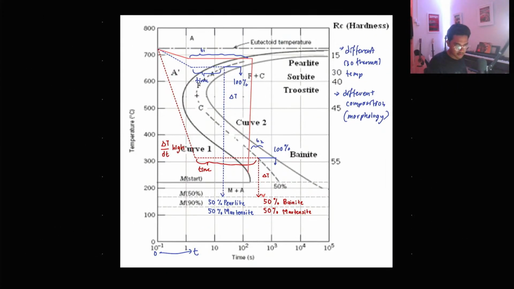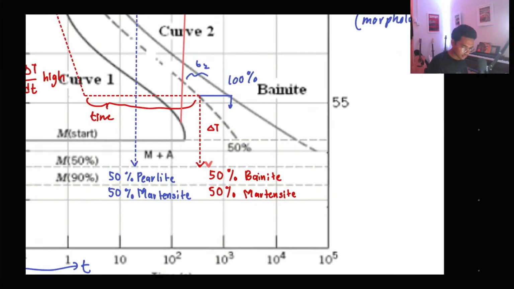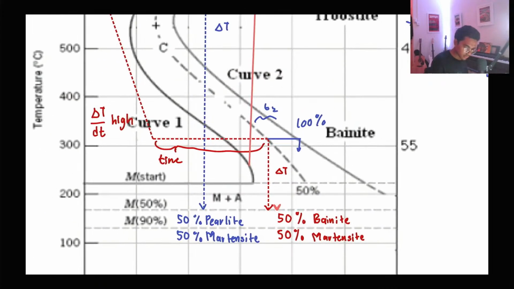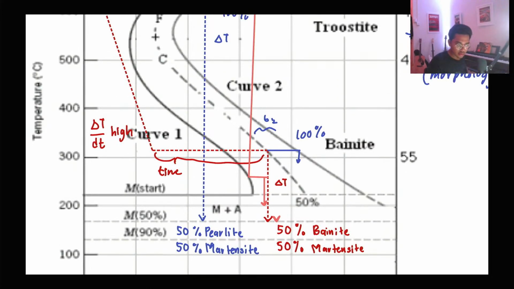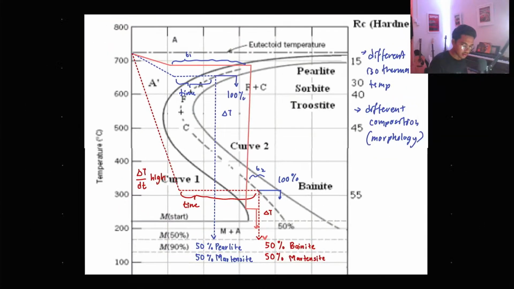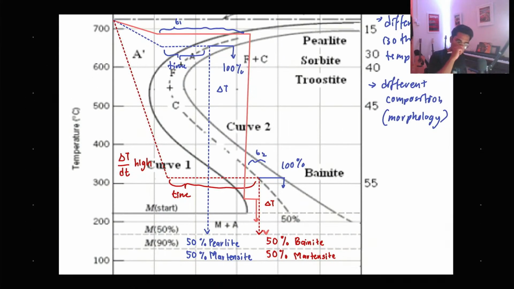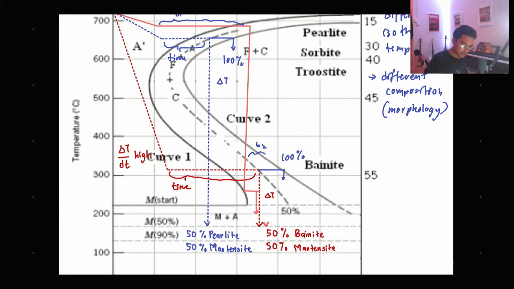It's going to be 50% pearlite and 50% bainite. Maybe we can just put it like this. I think like that, the one you did previously. Oh yeah. Okay, I think it's like this.